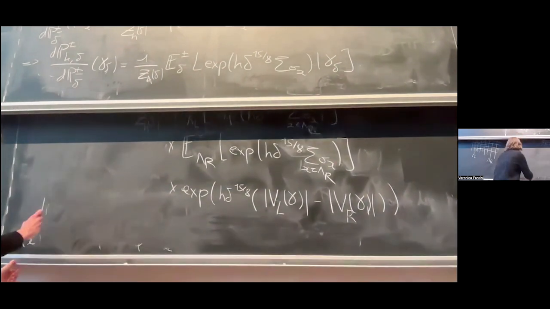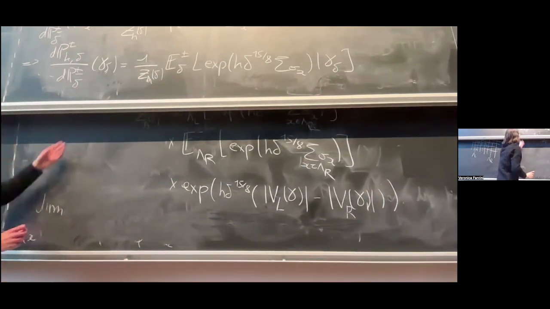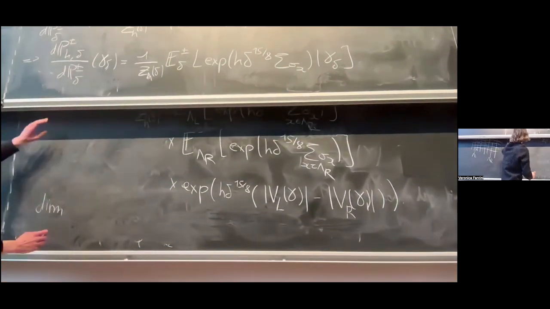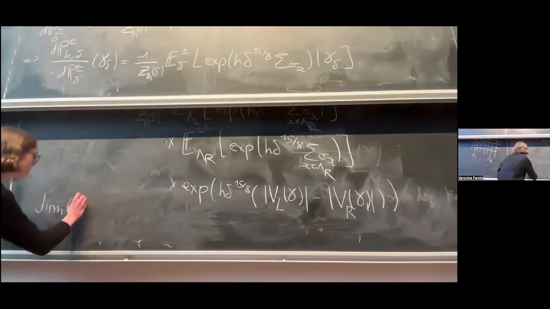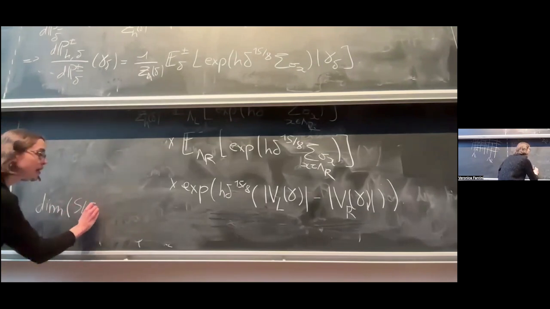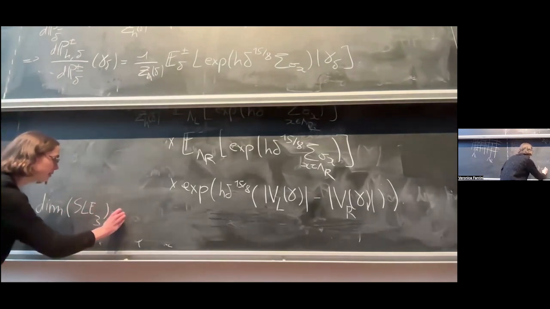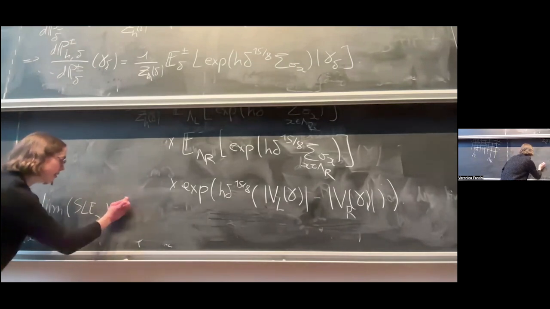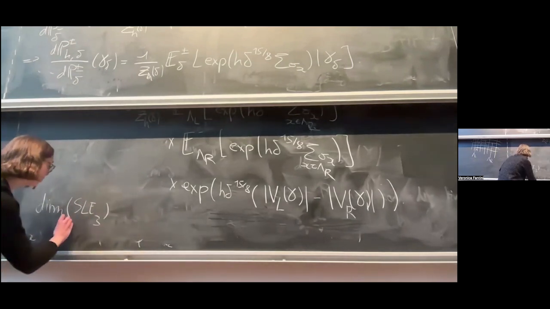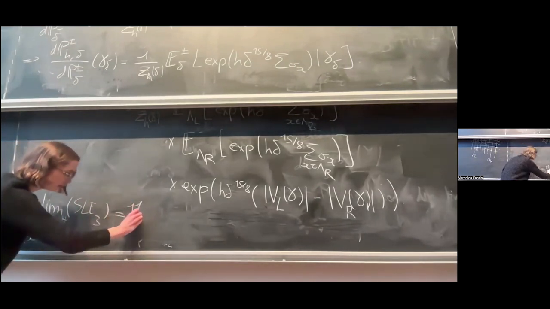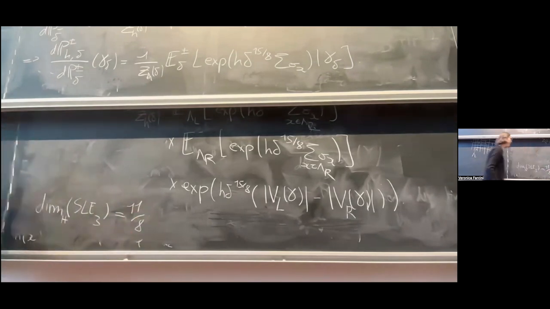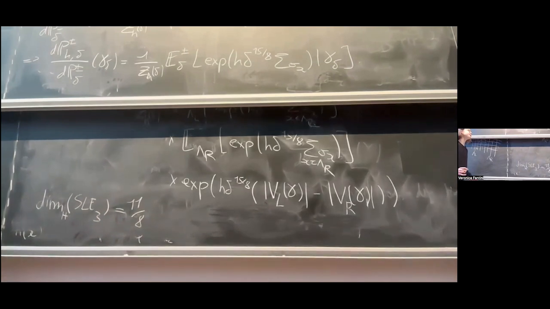Okay, and what you know is that under this p plus minus delta, the limit of gamma is SLE3. And the Hausdorff dimension of SLE3 is 11/8. So this is not a proof. This is a heuristic argument.